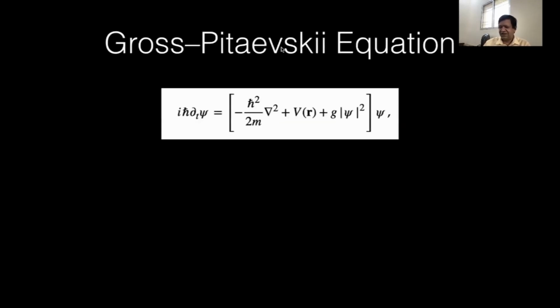Now, the last equation I want to discuss briefly is called the Gross-Pitaevskii equation. This equation is for superfluids or superconductivity, where it's not like a hydrogen atom or an oscillator. There are many electrons, and they are interacting with each other, and that leads to complex quantum interaction, and that is the reason for this term, g mod psi squared psi.